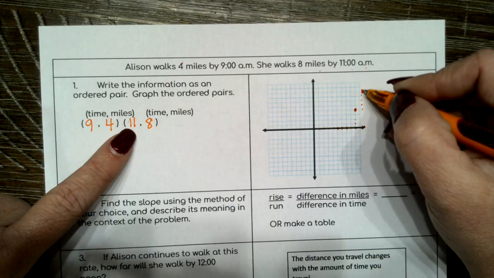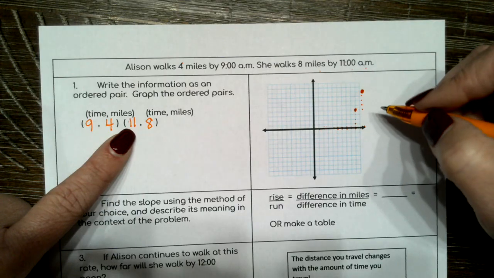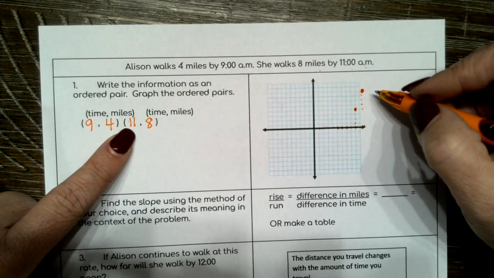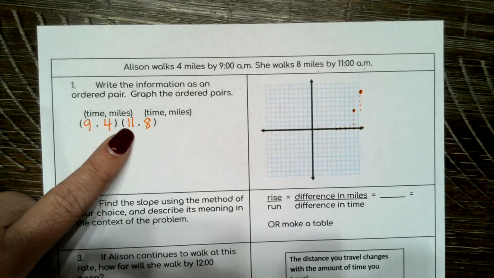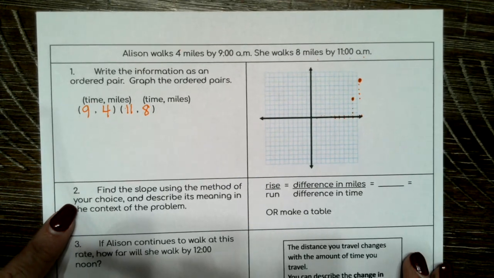And then 11, 8 is just off the graph a little bit. That's why it's not good to graph these things, because not all the time is your graph going to be accurate, because it's not always going to be big enough. So we graphed it.